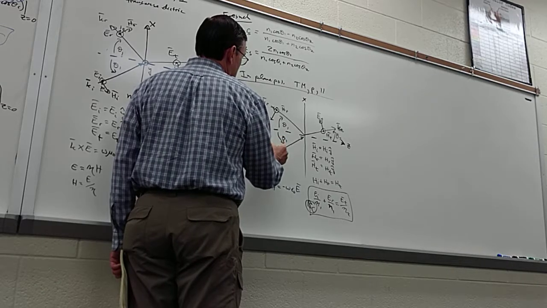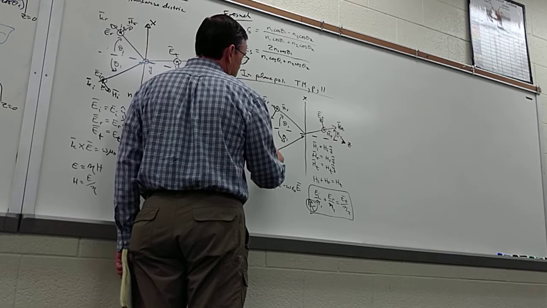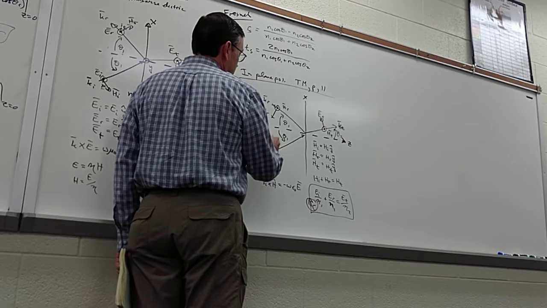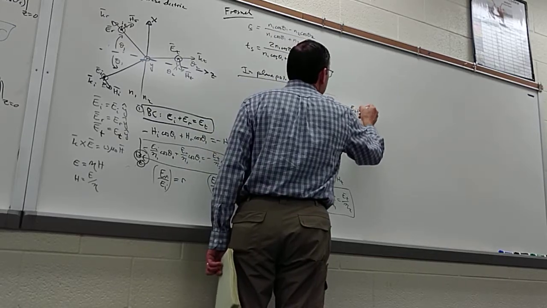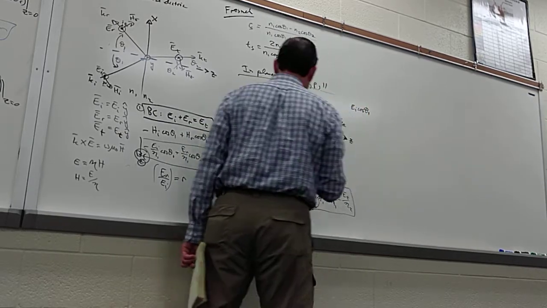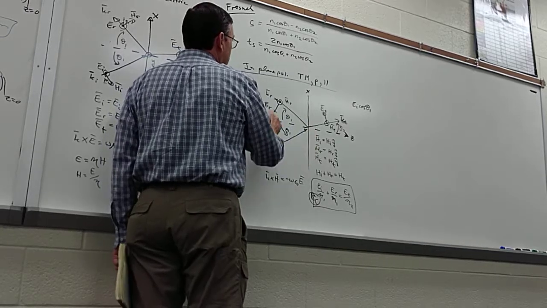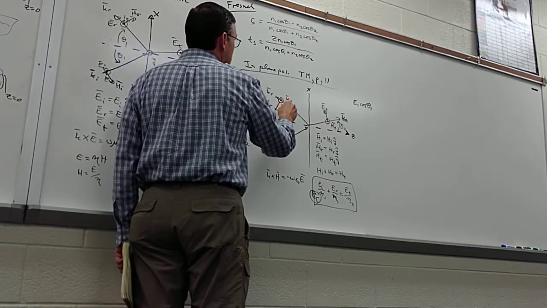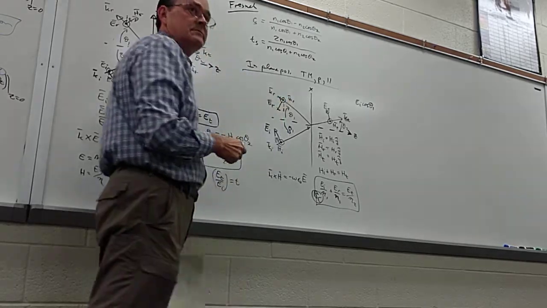Sine of theta 1 is that guy. That's cosine of theta 1. Okay, so we have EI cosine theta 1. That's the fraction of this that's in this direction. And then over here, we want this much of it. So what's that?